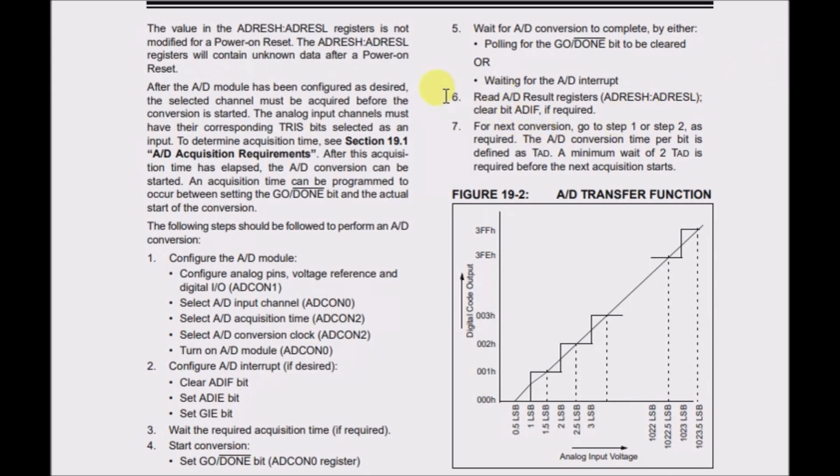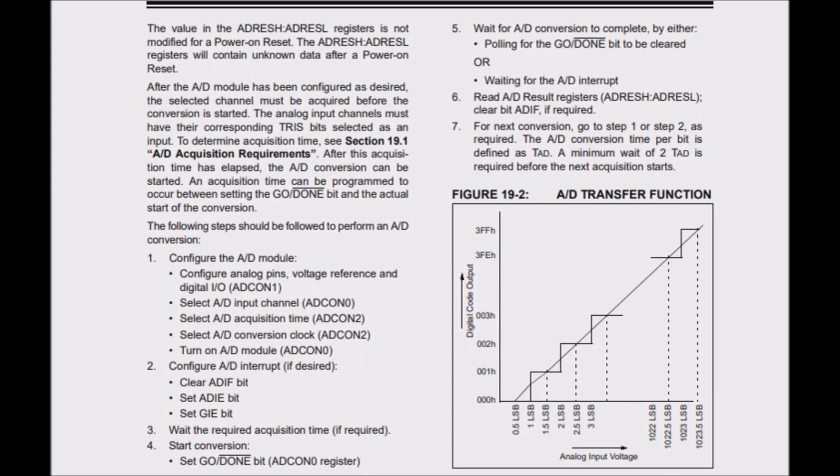Number 6. Read AD result registers ADRESH, ADRESL. Clear bit ADIF if required. For next conversion, go to step 1 or step 2 as required.